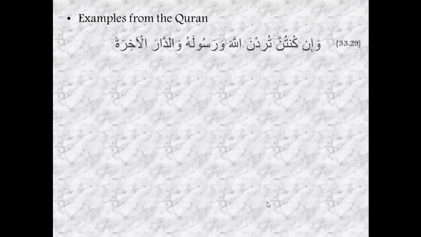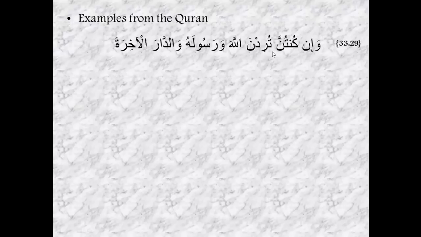Next example, an ayah taken from Surah Al-Ahzab. وَإِن كُنتُنَّ تُرِدْنَ اللَّهَ وَرَسُولَهُ وَالدَّارَ الْآخِرَةَ. Allah subhanahu wa ta'ala is speaking to the wives of the Prophet sallallahu alaihi wasallam. But if you desire Allah and His Messenger and the abode of the hereafter.